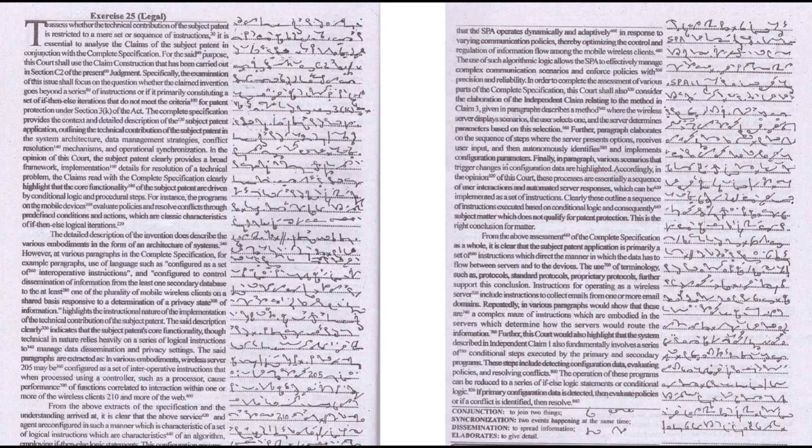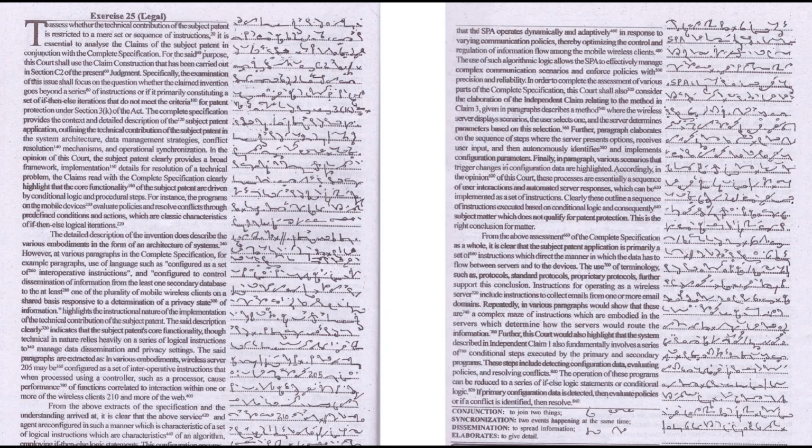However, at various paragraphs in the complete specification, for example, paragraphs use language such as "configured as a set of interoperative instructions and configured to control dissemination of information from the at least one secondary database to the at least one of the plurality of mobile wireless clients on a shared basis responsive to a determination of a privacy state of information", which highlights the instructional nature of the implementation of the technical contribution of the subject patent.